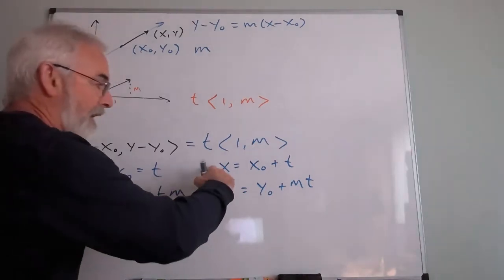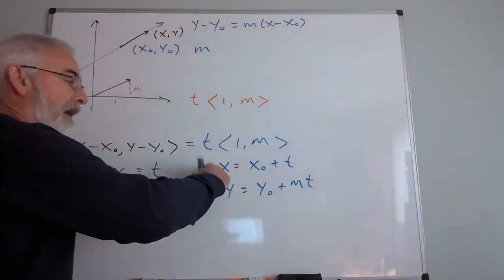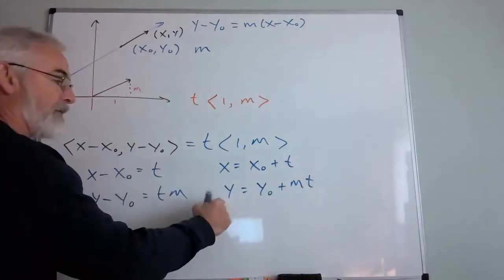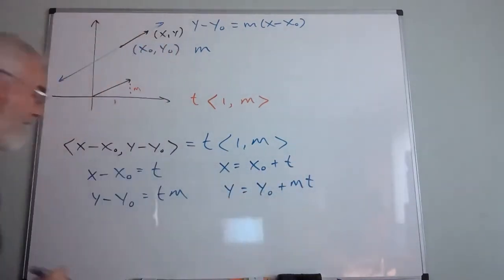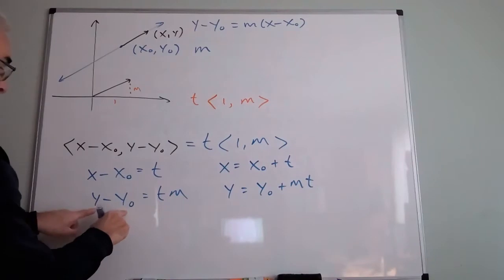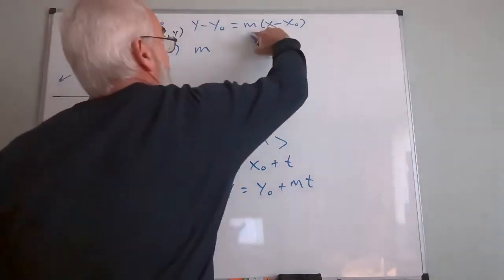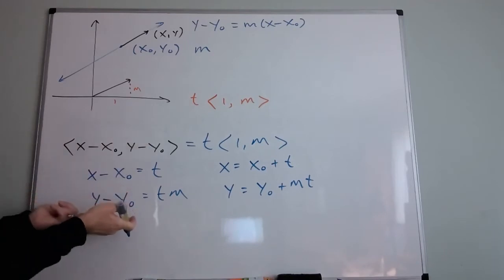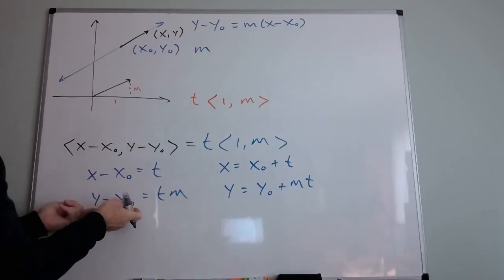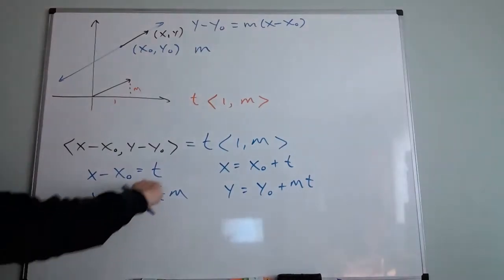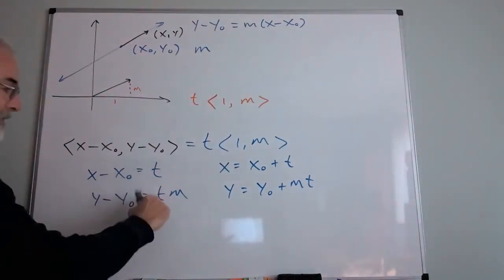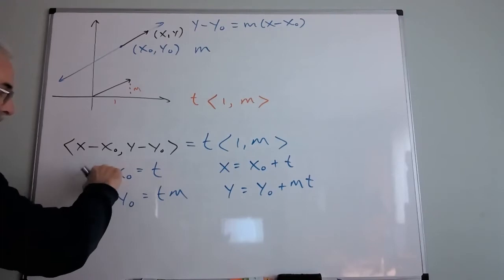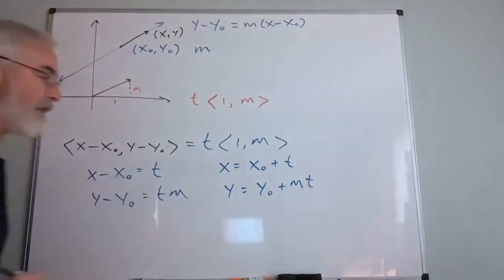So I've now described every x coordinate on my line as being x naught plus t, every y coordinate is y naught plus mt. And a quick check: if I replace y minus y naught with that, then I get exactly that statement right there. Or another way of thinking about it, if I replace this t with this t, I'm back to here, so I know it's valid.